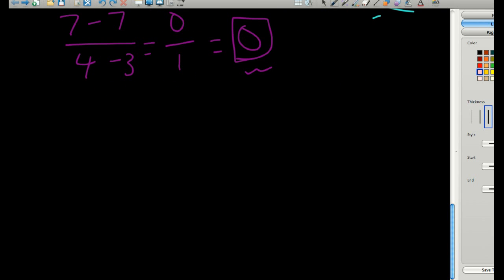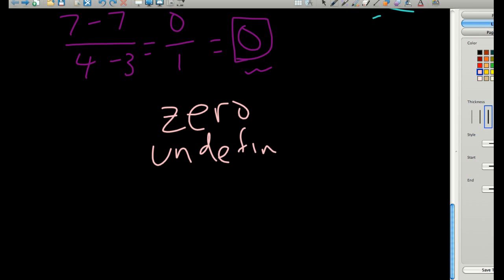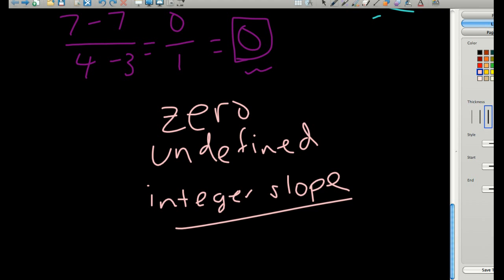You can either have a 0 slope, an undefined slope, or a number slope. I guess that's the word, number, not integer, because you can have in between ones. So those are the three types of slopes that you can have.